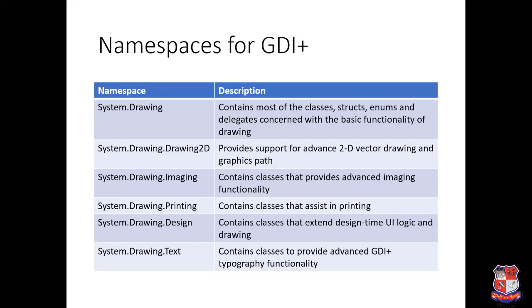It contains classes that provide advanced imaging functionality. Fourth is System.Drawing.Printing. It contains classes that assist in printing. Fifth is System.Drawing.Design. It contains classes that extend design-time UI logic and drawing. And the last one is System.Drawing.Text. It contains classes to provide advanced GDI Plus typography functionality.